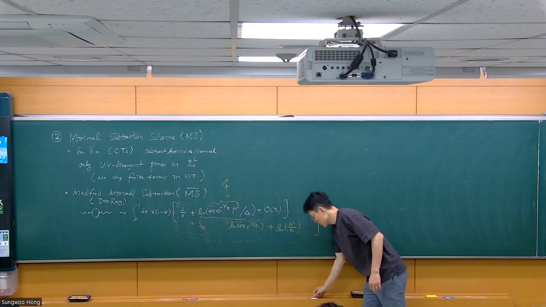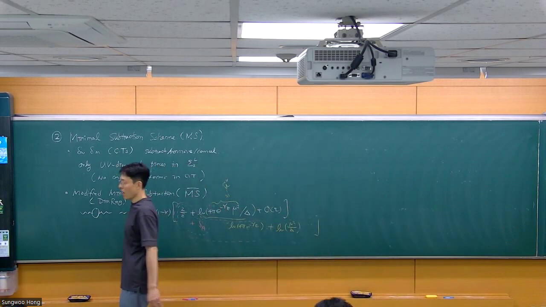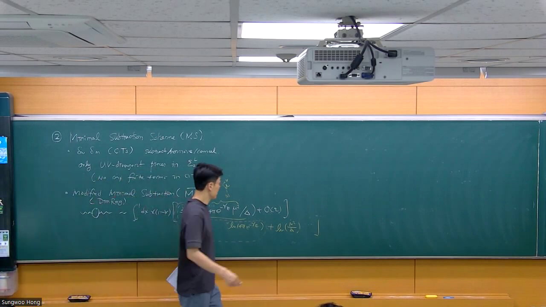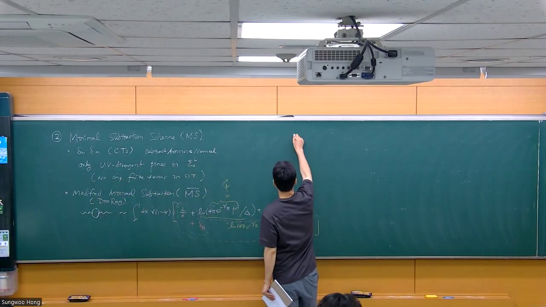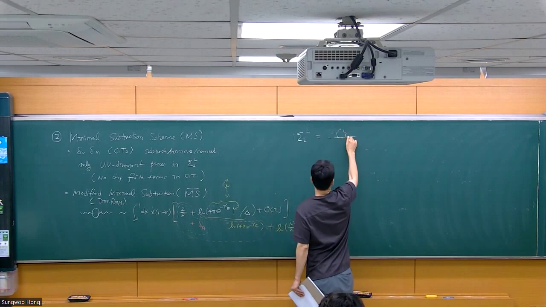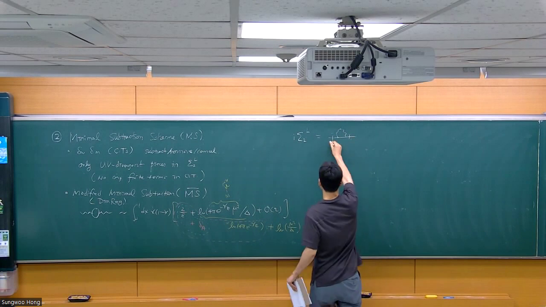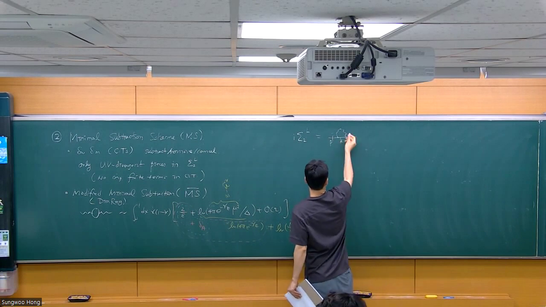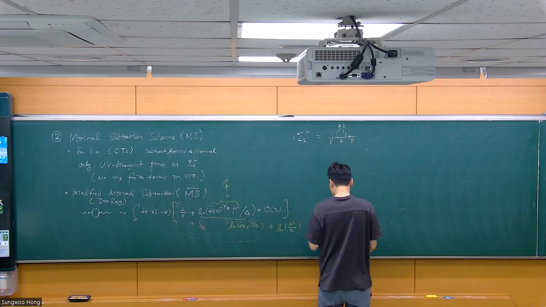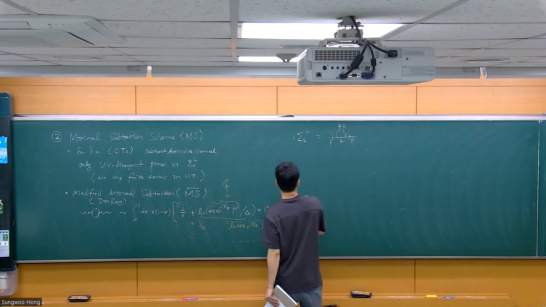Okay, so if you have actually computed this diagram, I drew that 3 times. So if you actually computed this thing, with momenta p, k, p minus k, you can compute it in 2 different ways.